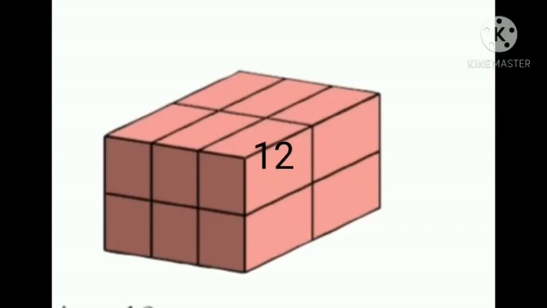Okay. Here the number of blocks is the same. So to compare the sizes, we just count the number of smaller blocks in each picture. Then only we can say which is bigger and which is smaller.